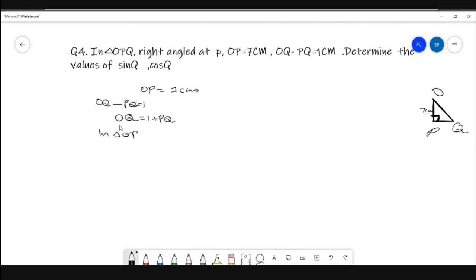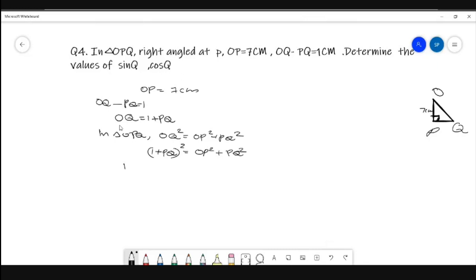So in triangle OPQ we have hypotenuse square, OQ square equal to OP square plus PQ square. So OQ square, OQ means 1 plus PQ, so we can substitute 1 plus PQ whole square equal to OP square plus PQ square, OP is 7 centimeters.